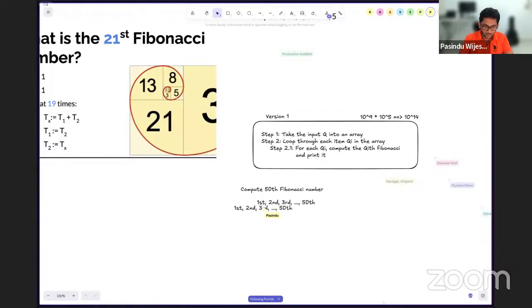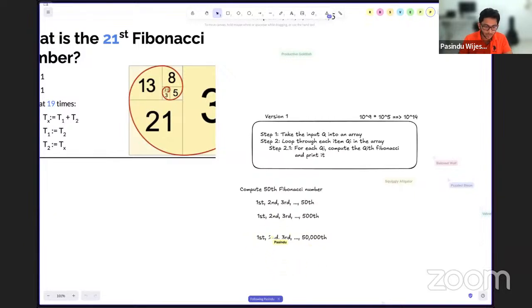For each and every query, say this one goes until 500, so it goes until 50,000, and so forth. There could be queries that ask for the third Fibonacci number, or when you're computing the 50,000th Fibonacci number, on your way you're also going to compute the 50th and the 500th, right?